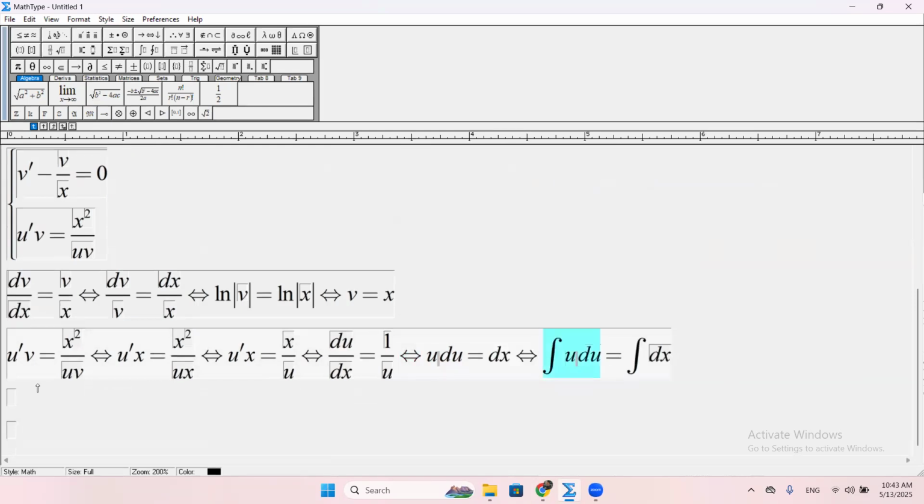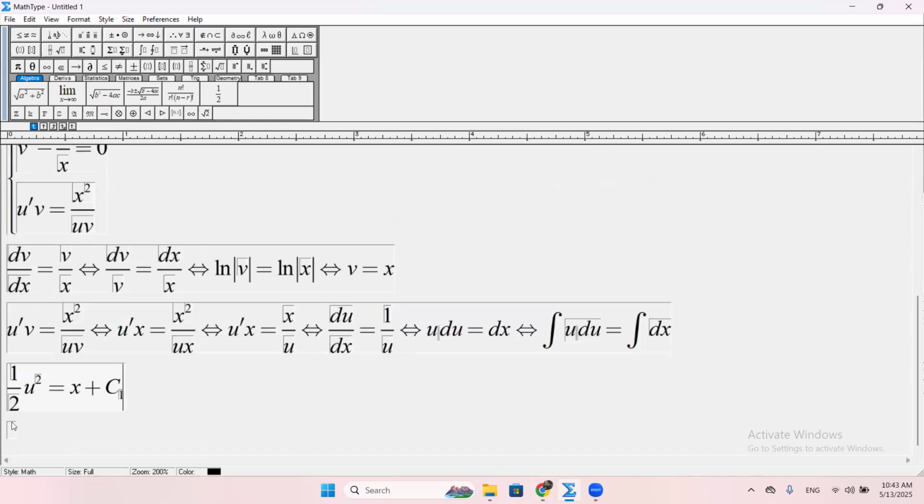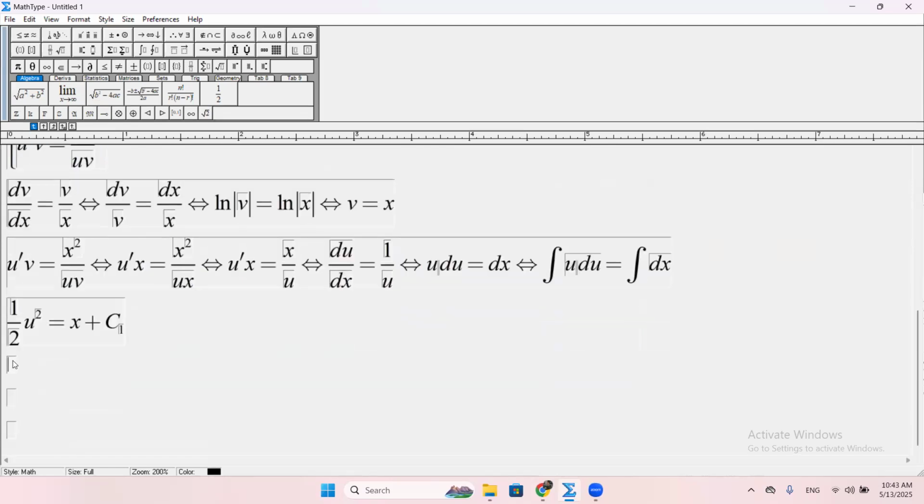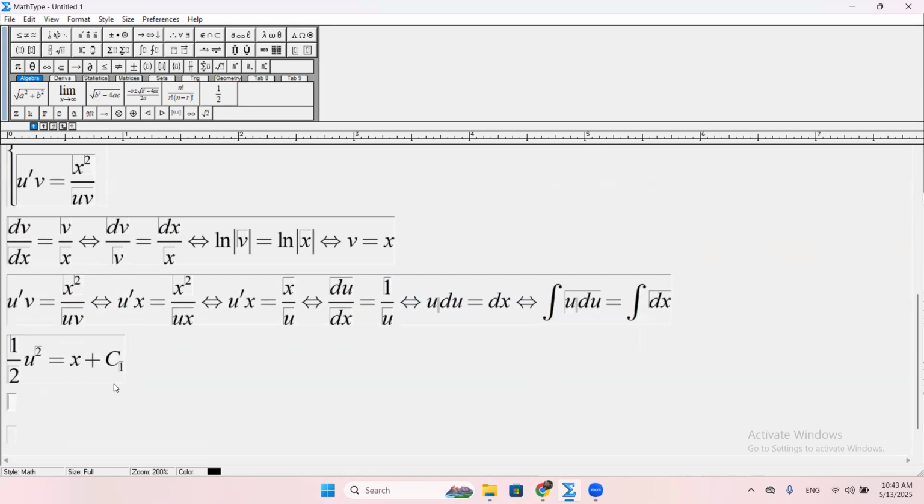So received that 1 over 2 u square equals x plus c1. Then u equals plus minus square root of 2x plus c1.